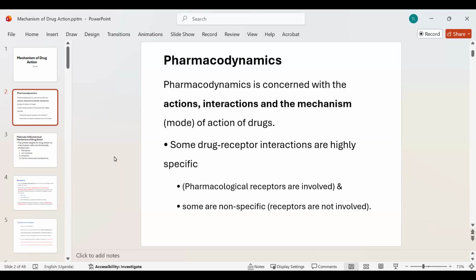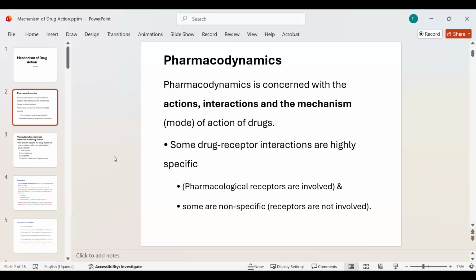You can see now there is no receptor involved, but there is some drug action. It reacts with the hydrochloric acid and it neutralizes it. And the acidity, the hyperacidity that has been there is removed from the gastrium. Let me hope I'm clear.